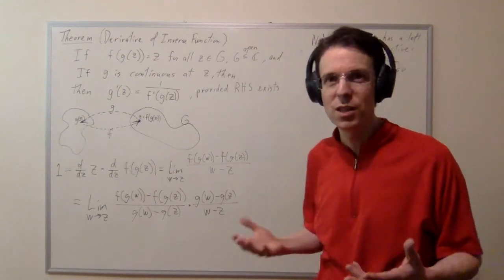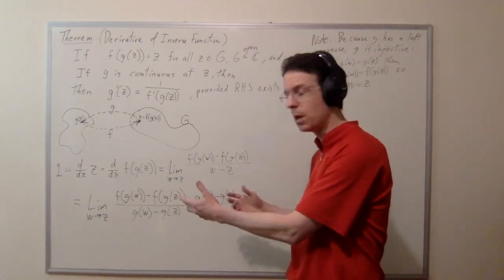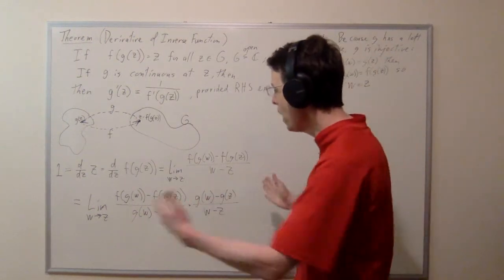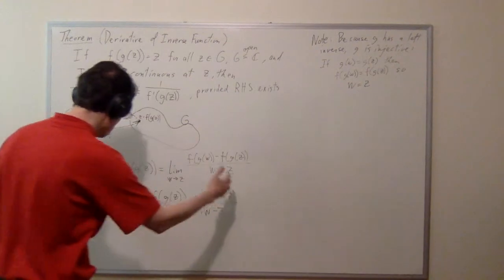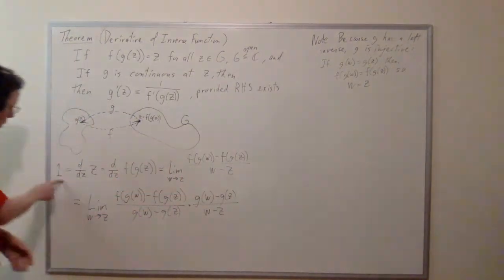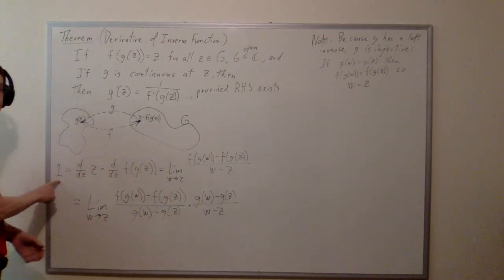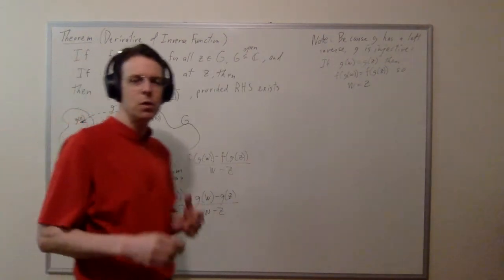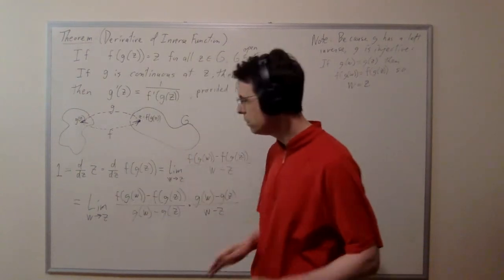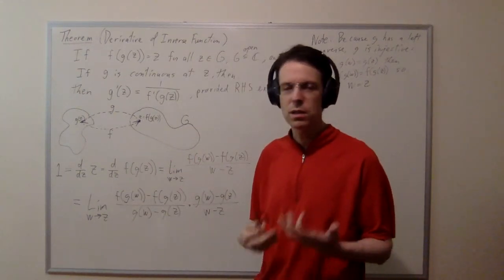So what are we going to do? We can't split the limit and deal with them separately. The odd thing is I already know that this whole big huge limit exists. In fact, I know its value, it's 1, right? I started with that. So I'm kind of in a confusing situation here. If I had only the left-hand limit, I would be okay. I know that that exists and I know what it is.